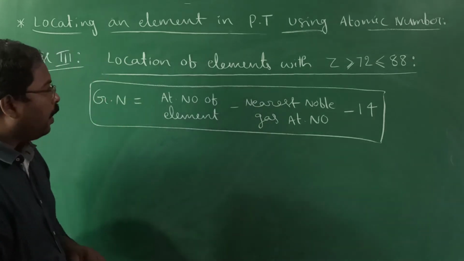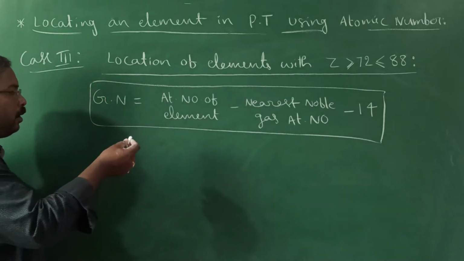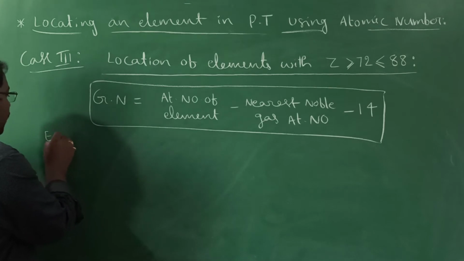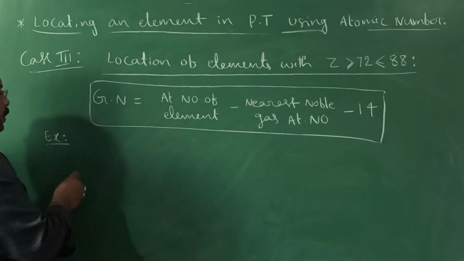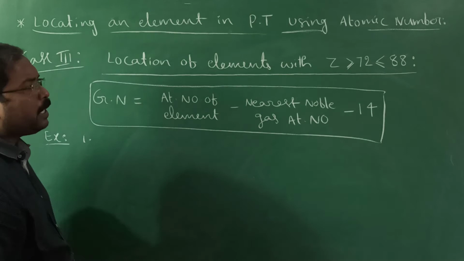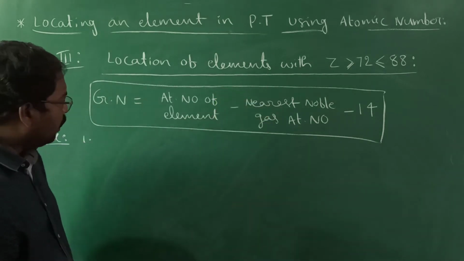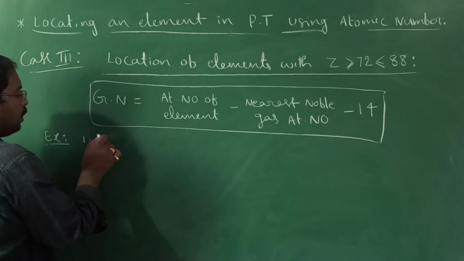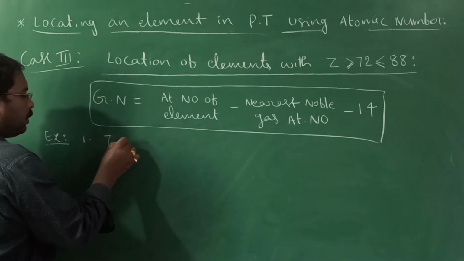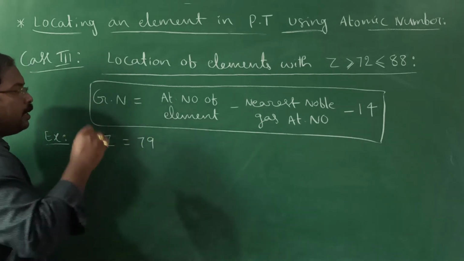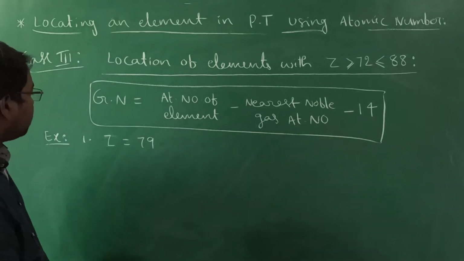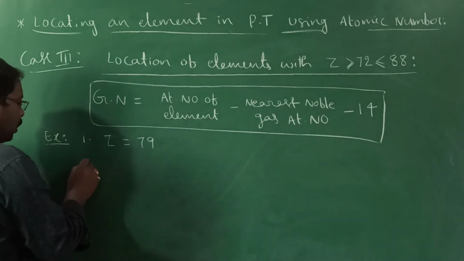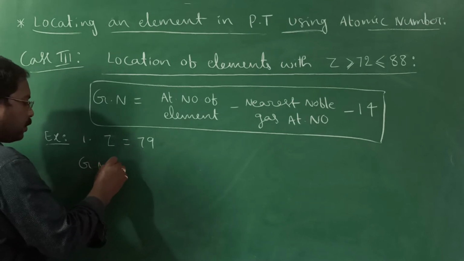Now let us apply this to one example. Then you will get clarity. Take any atomic number, let us take 79. Atomic number 79 I have taken. Now, how to find the group number?